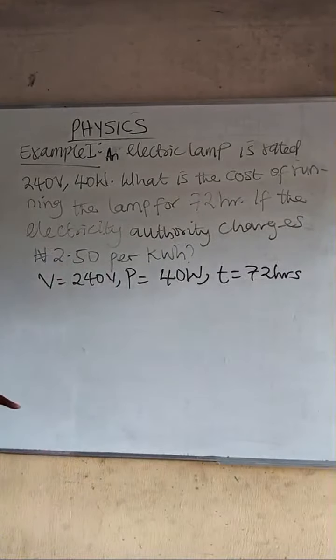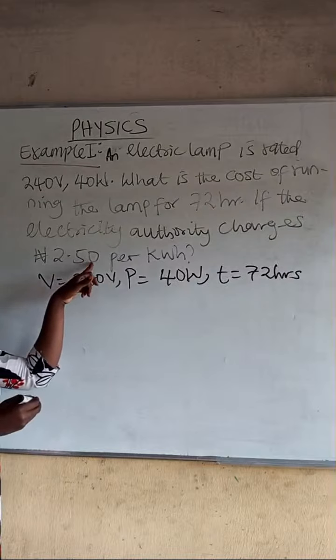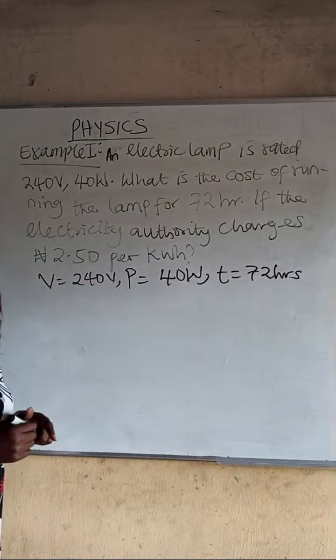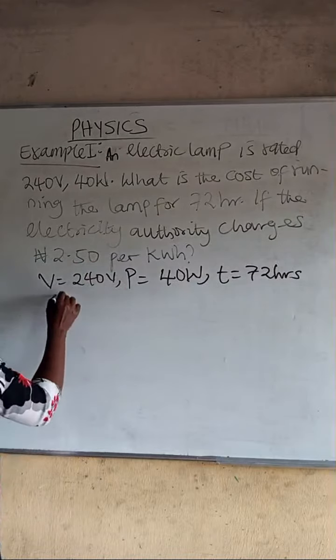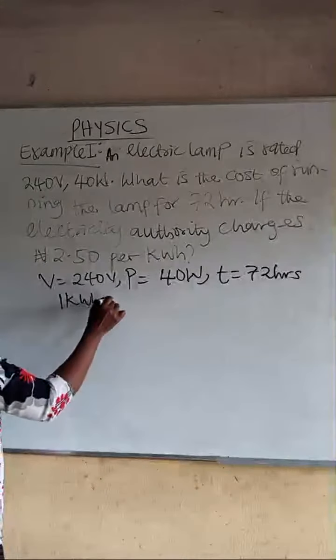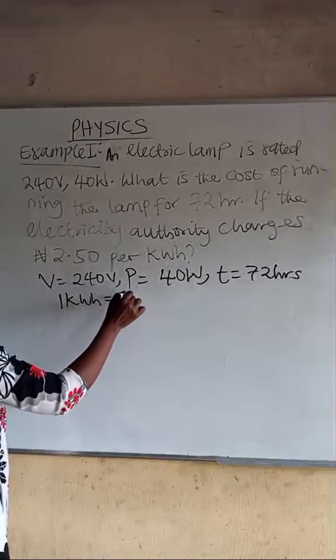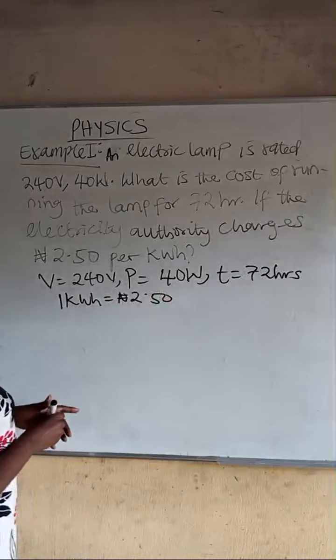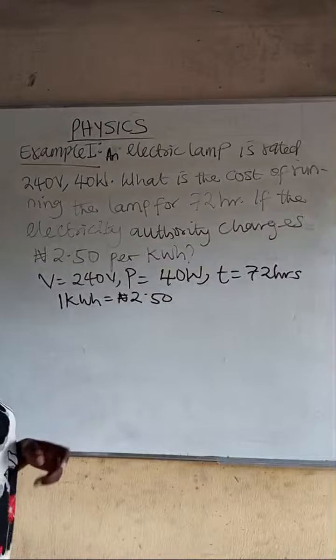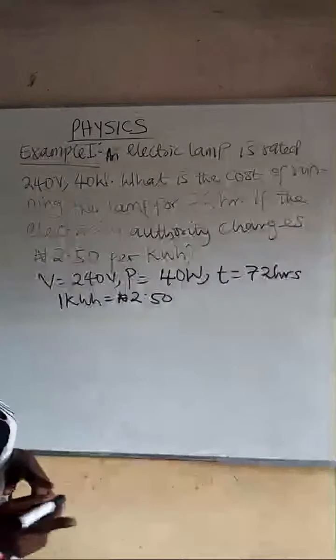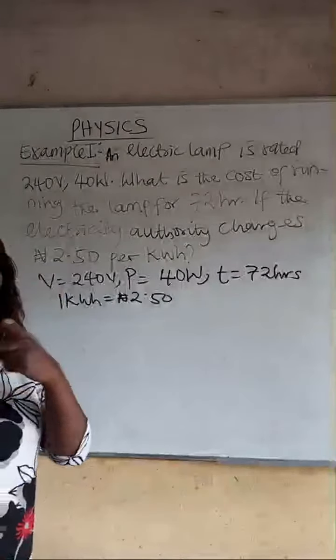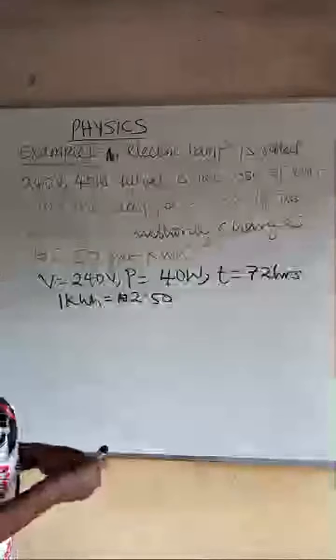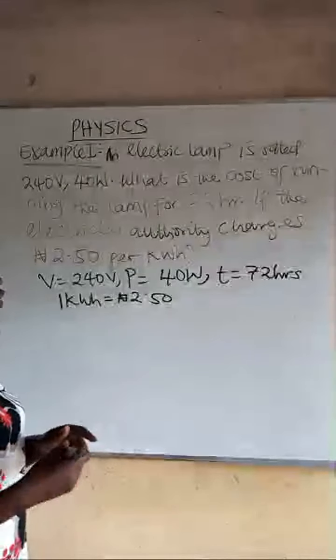And the cost is 2 naira 50 kobo per kilowatt hour, that means 1 kilowatt hour is 2 naira 50 kobo. First we get our power, then we get our electrical energy.